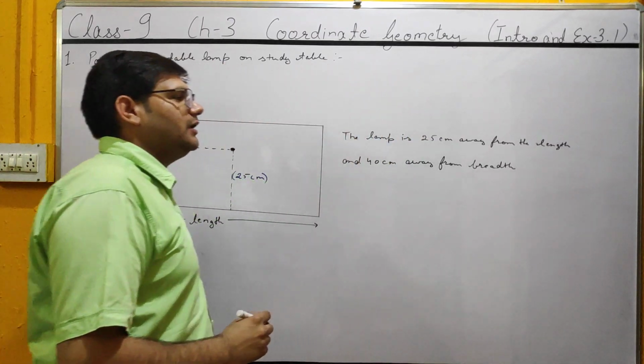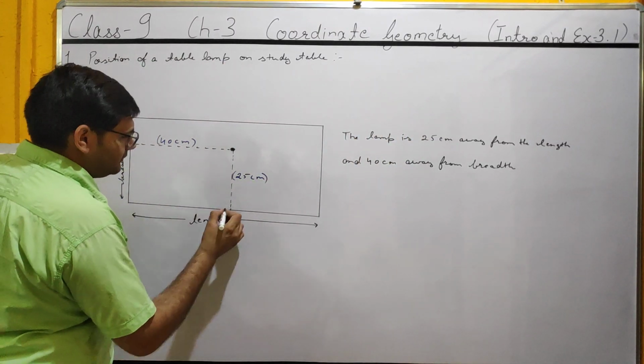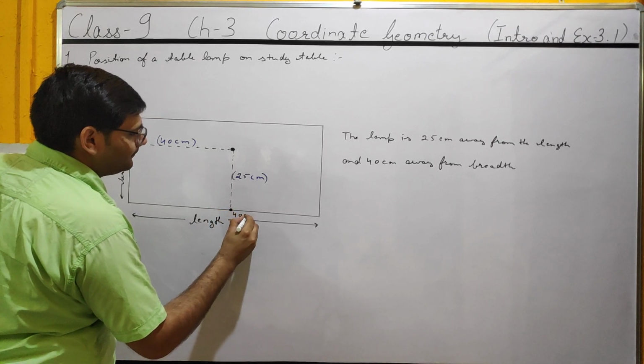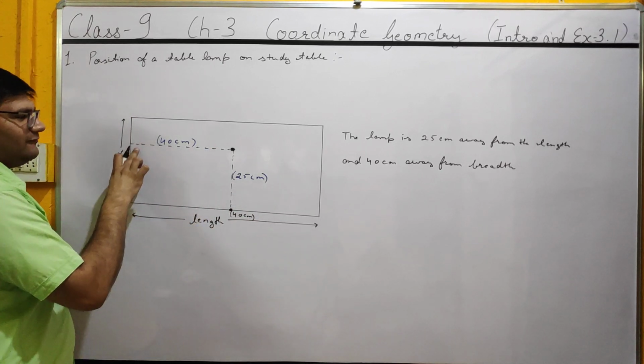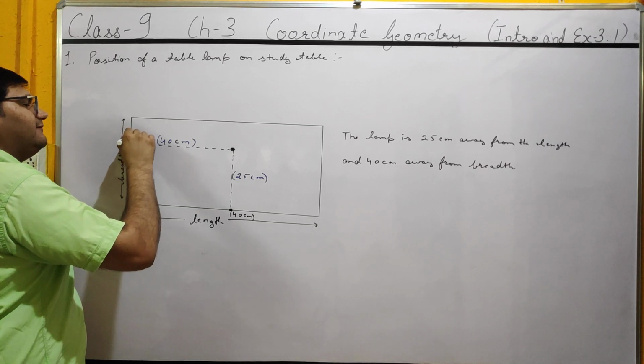Okay. Now what it means? This distance is 40 centimeters. It means this point will be 40 centimeters for us. And this is 25, means for y, there it will be 25. This point will be 25 centimeters.